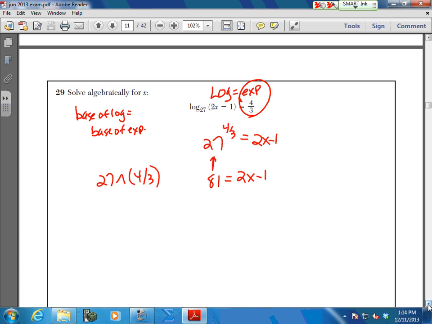It's actually the cube root of 27, which is 3, raised to the 4th power, which is 81. And then solve it like a regular equation. And then check and make sure that there's no extraneous roots, but we don't take the log of 0 or any negative numbers, and you'll be fine.